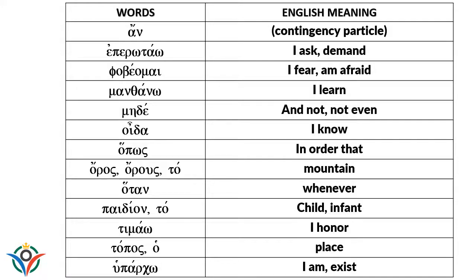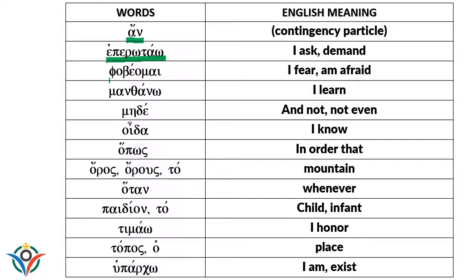So our first word for today is an, which is a contingency particle. And if you were to translate it, you could use the English equivalent ever. But normally an is found with indefinite relative pronouns or temporal pronouns, and it's translated as whoever or whenever. Our next word is eperotao, and that is I ask or demand.